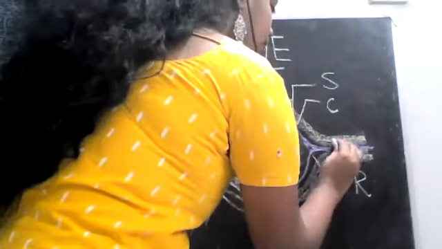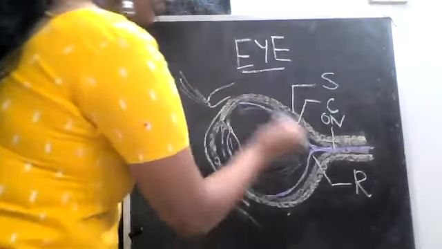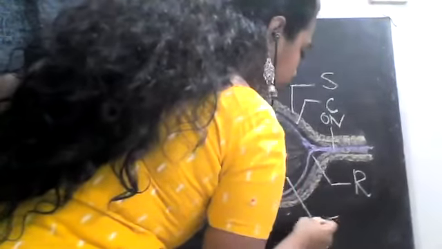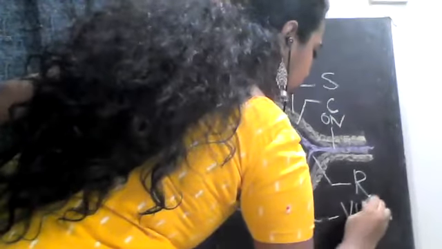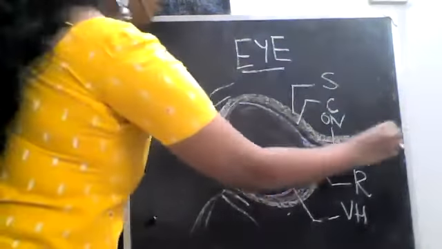Then we have the retina, and all the nerves from the retina join together to form an optic nerve. All the liquid in this layer is called vitreous humor, that is VH. So we're done with this portion.